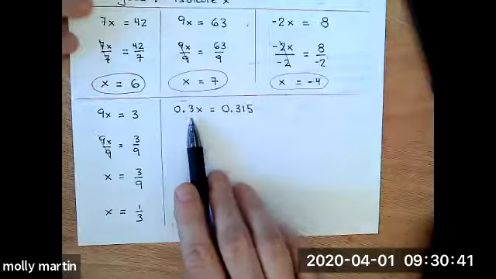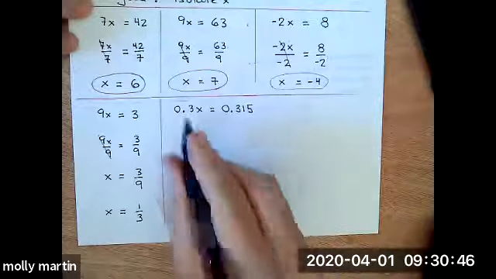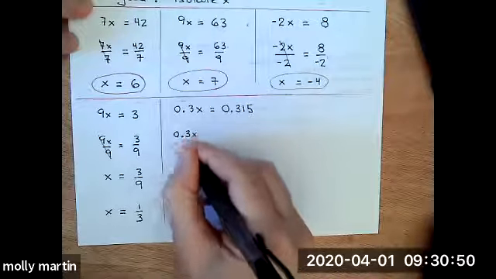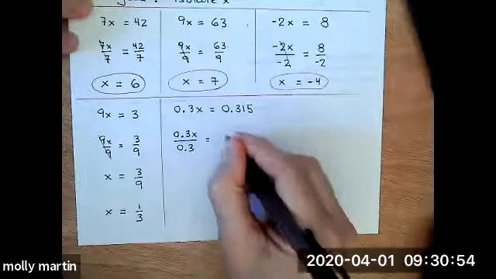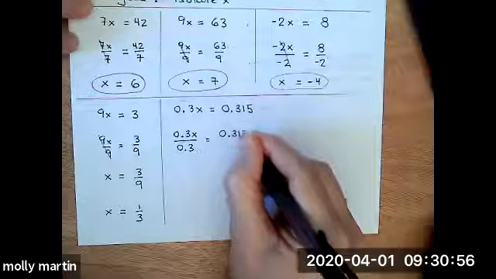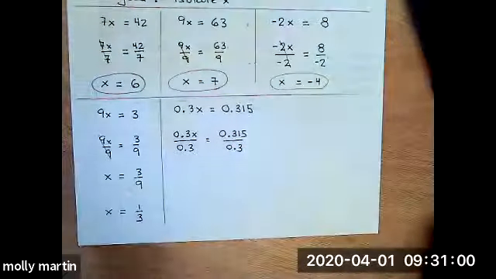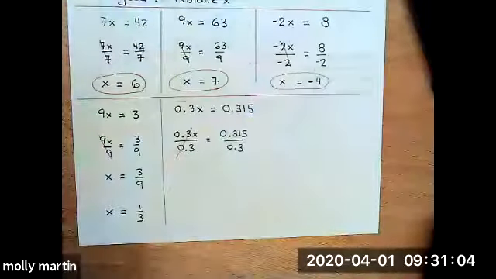If 0.3x is equal to 0.315, we just do the exact same thing. Divide by the coefficient of x. 0.3 divided by 0.3 is equal to 1.